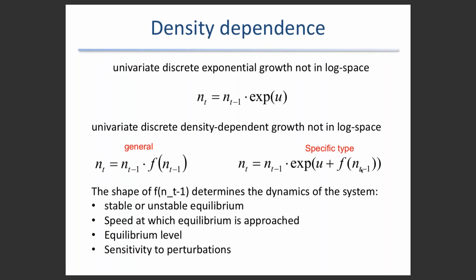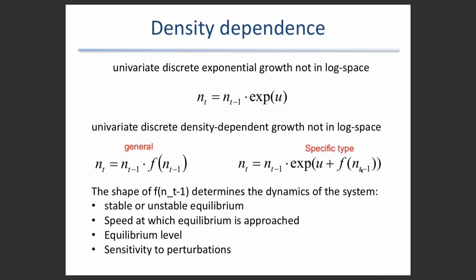Okay, so let's think about how you might write an exponential growth model, not in log space. Now the N is your abundance, and so your exponential growth model would look like this. Your abundance at time t is the abundance at the previous time step times your growth rate, right? Standard exponential growth.